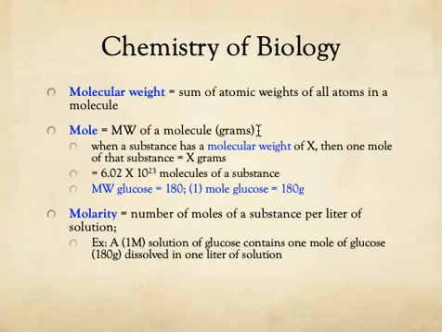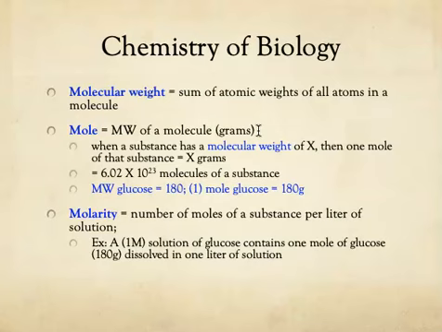Molecular weight in grams. Remember from chemistry, a mole is actually describing 6.02 times 10 to the 23rd molecules of that substance. But again, in practical terms, a mole describes the molecular weight of some substance in grams.